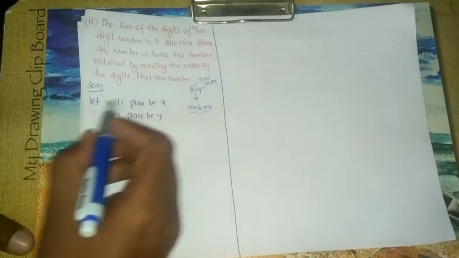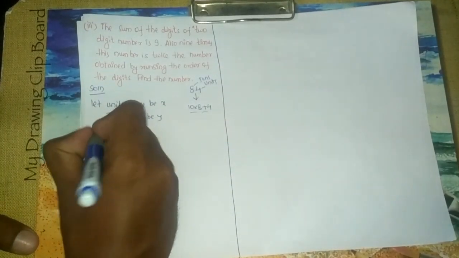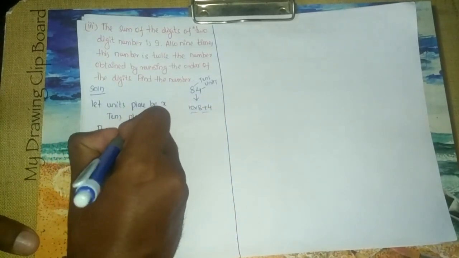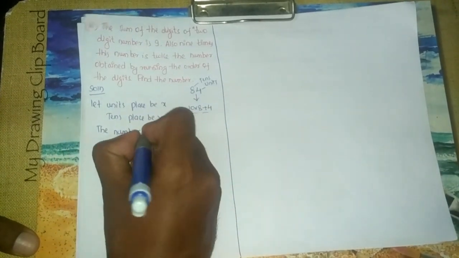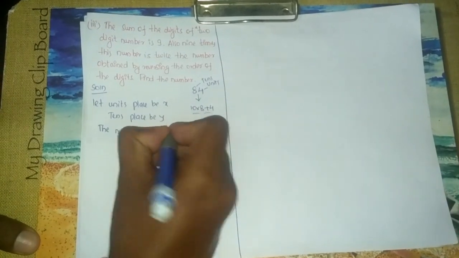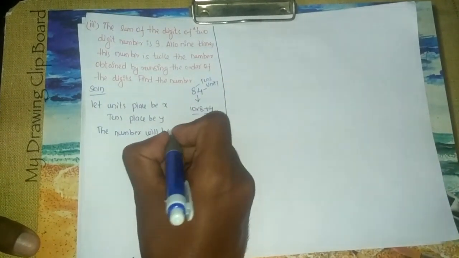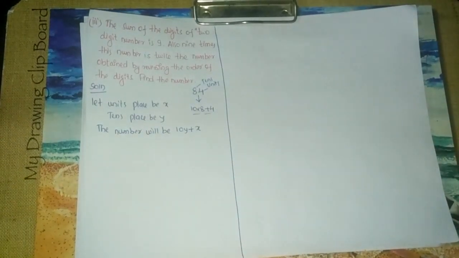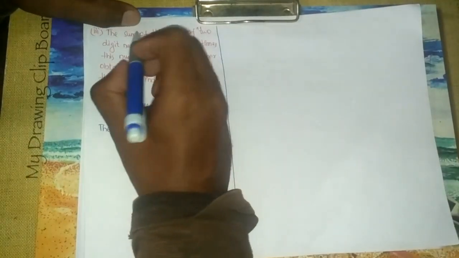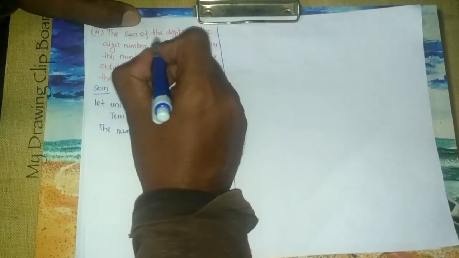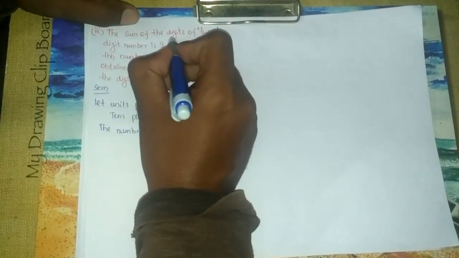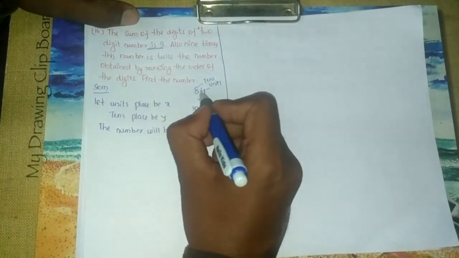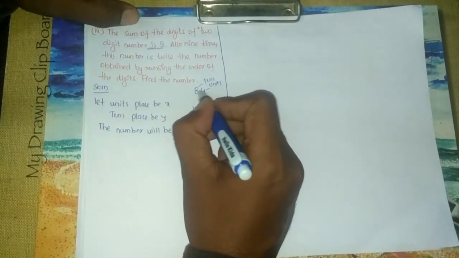So according to the example, the number will be, in expanded form, 10y plus x. Now coming to the condition given, the sum of the digits of a two-digit number is 9. So for example, we have two-digit number 84.